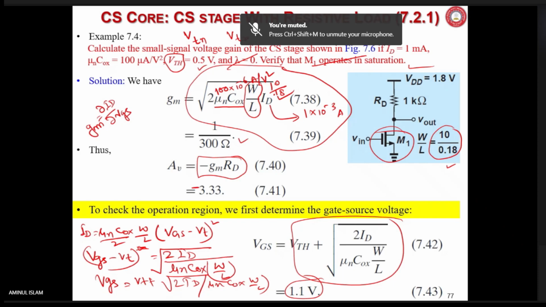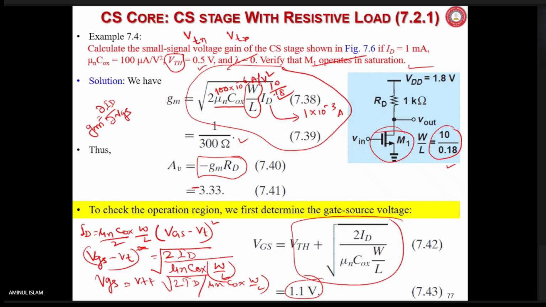Is it understandable? Yes, sir, I understood. Then the gain is minus GM RD. It's very simple because you are neglecting CLM, so RO is not there. In the book the minus sign is not given, but it is obvious that the minus sign will be there. Minus 3.33 is the gain of this amplifier.